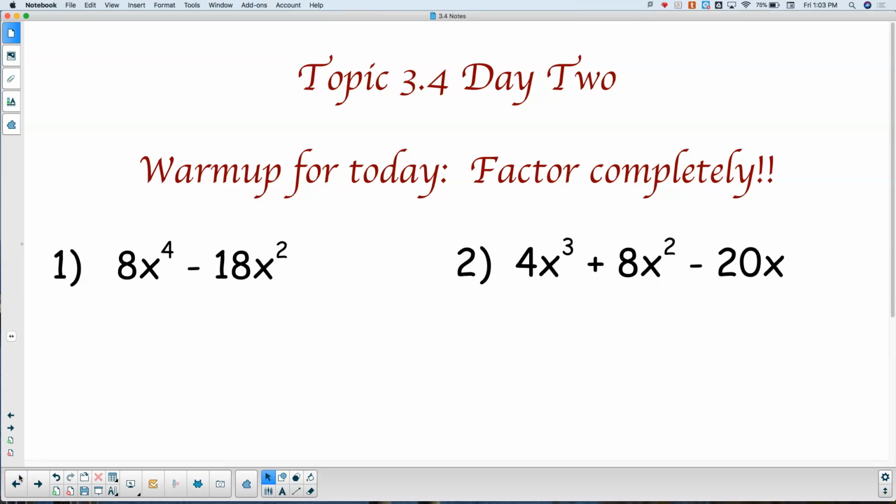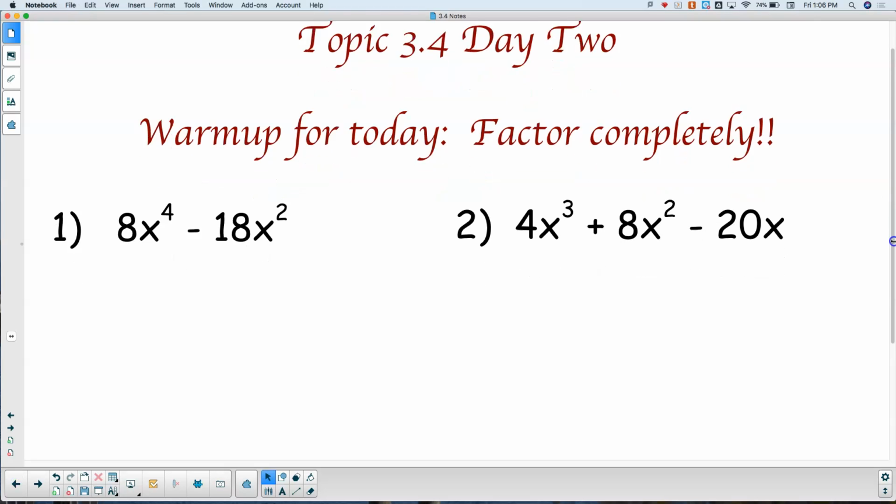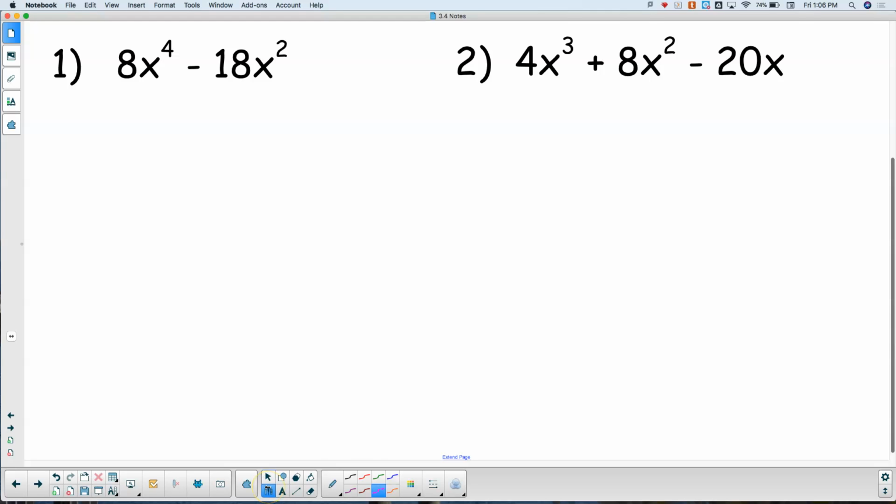So start by factoring those completely. First one, I would factor out a 2x squared.